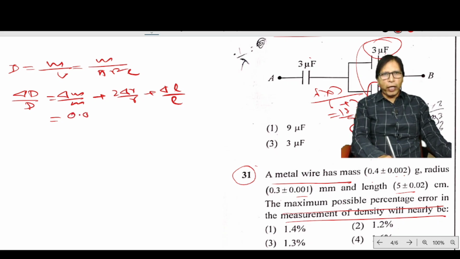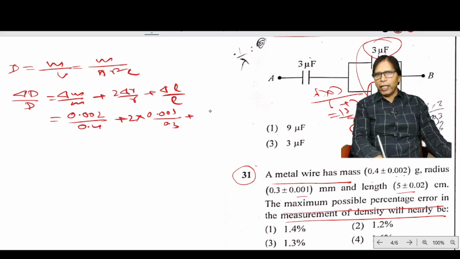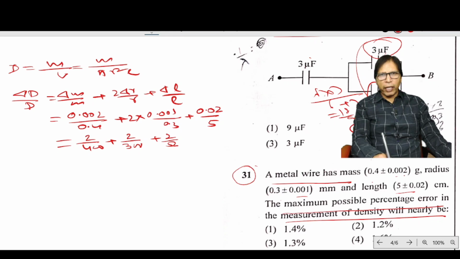Okay, no problem. Now delta m by m is 0.002 by 0.4, plus 2 × 0.001 divided by 0.3, plus delta L by L, which is 0.02 by 5. So this is 2 by 400, 2 by 300, plus 2 by 500.